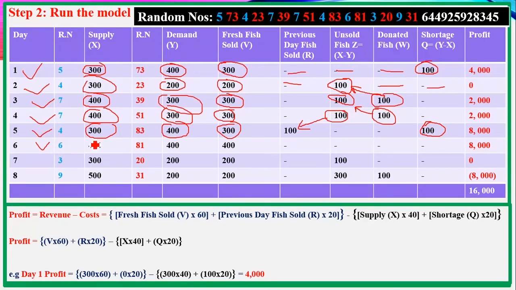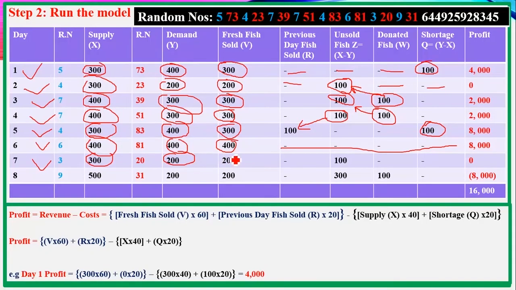Then on day 6, the supply is 400, the demand is 400. So the demand is equal to the supply. So we are going to sell everything here and therefore nothing is going to remain. We go to 7th day. The supply is 300. The demand is 200.